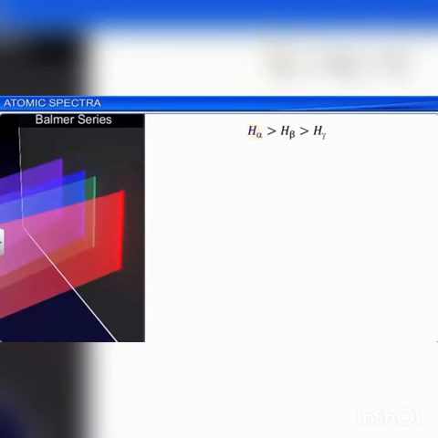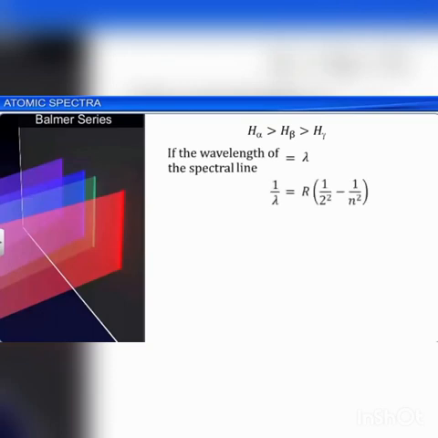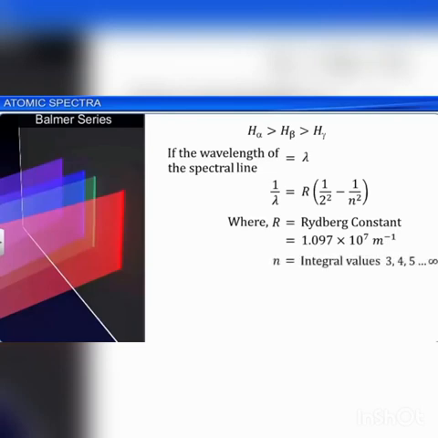If the wavelength of the spectral line emitted is lambda, then 1 by lambda is equal to R into (1 by 2 square minus 1 by n square), where R stands for the Rydberg constant, which is equal to 1.097 into 10 power 7 per meter, and n takes integral values 3, 4, 5, and so on up to infinity. This equation is called the Balmer formula. Let this be equation 1. Balmer series can also be written in terms of frequency, nu.